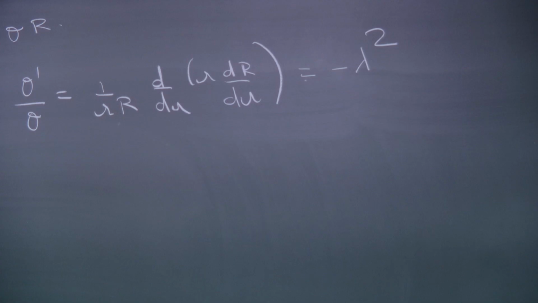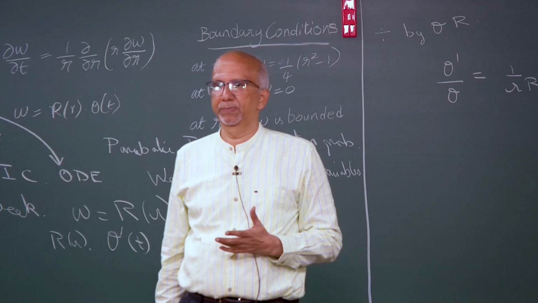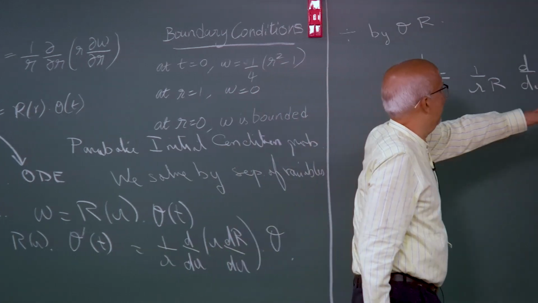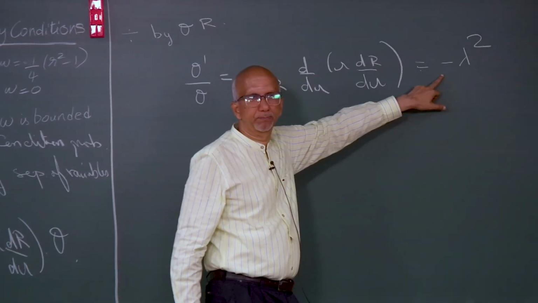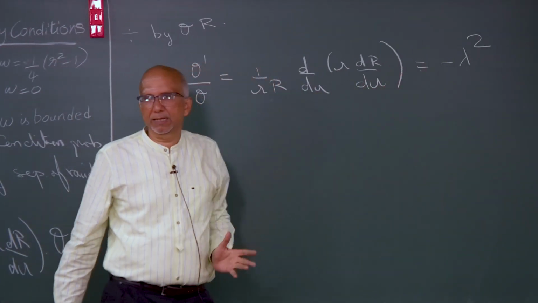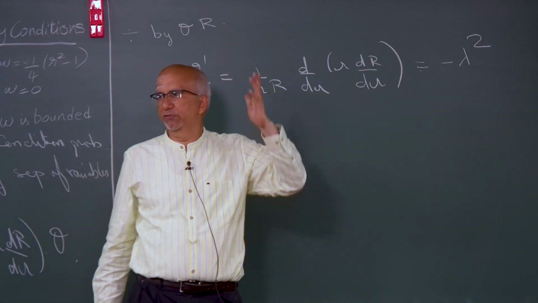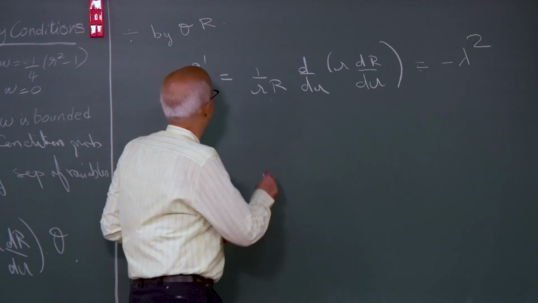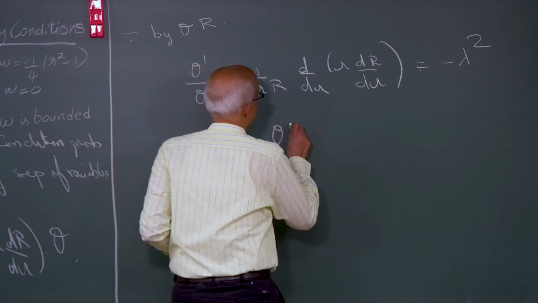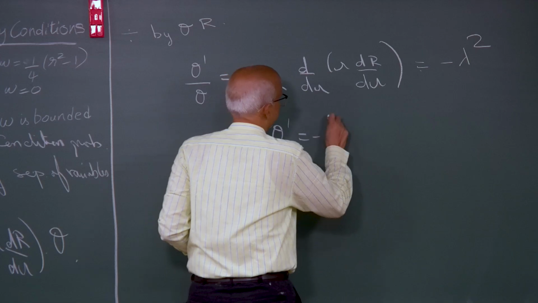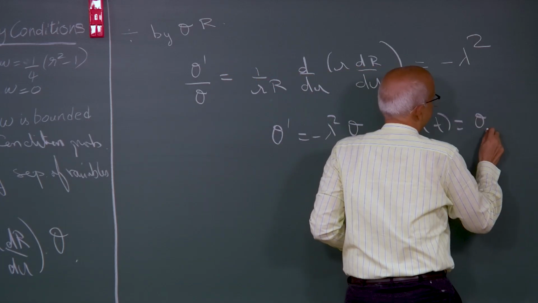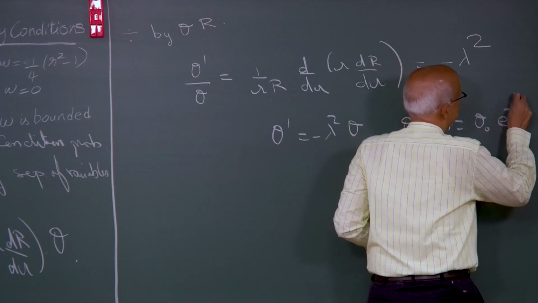A simple way to think about it is, if this is plus lambda squared, then the velocity is going to blow off to infinity as time goes to infinity. So the solution to this is theta dash equal to minus lambda square theta, or theta of t equals theta naught times e power minus lambda square t.